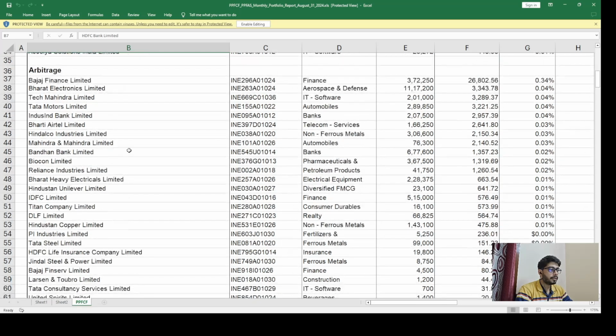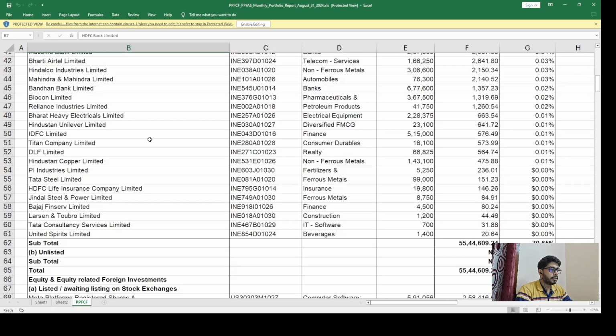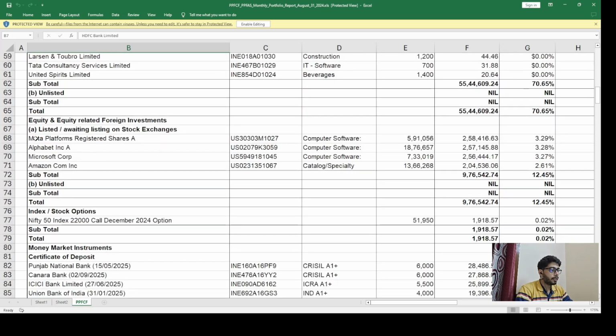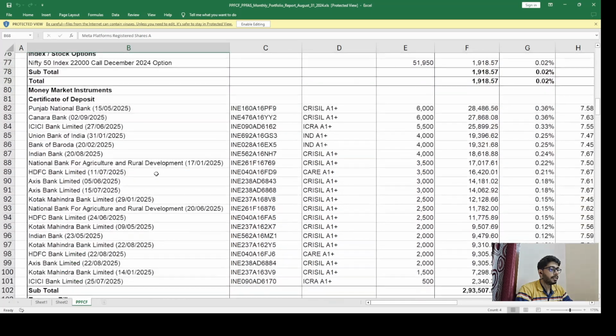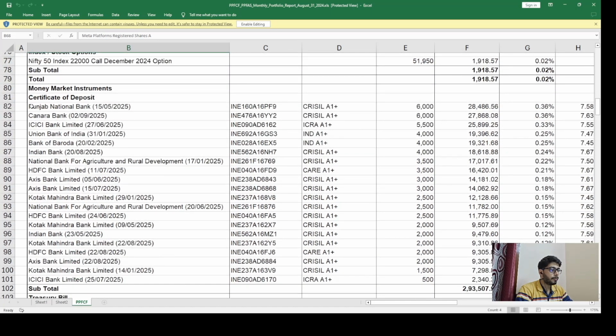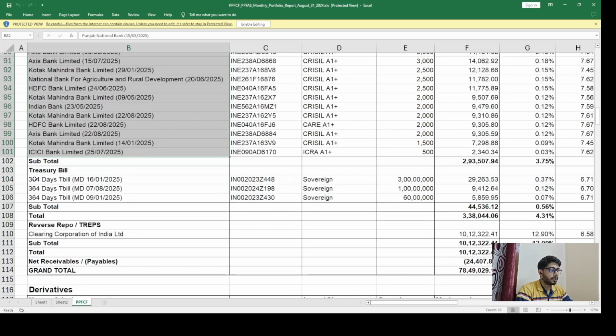This fund has taken some arbitrage positions, which they take during volatility, and we can also see that they are invested in foreign equities. Those details are given here, and we also see that some debt instruments like certificates of deposit, treasury bills, and TREPs are also bought.